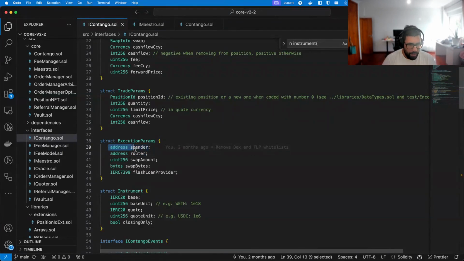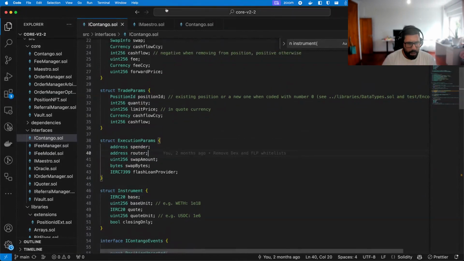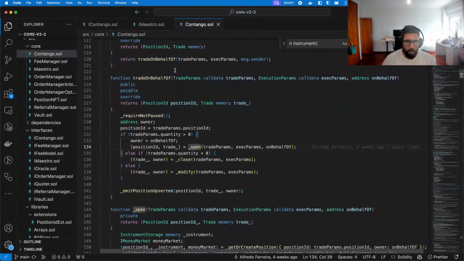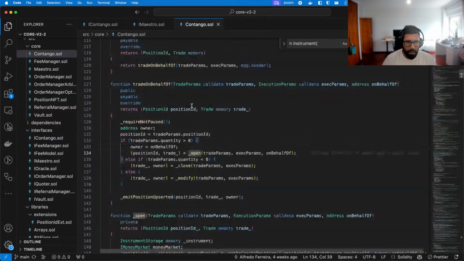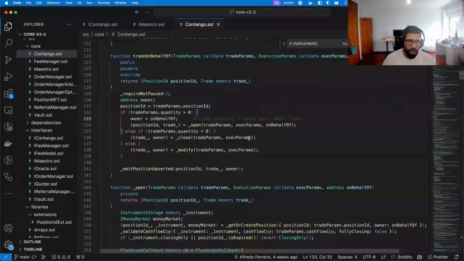So you sadly need two addresses. But yeah, so once we are here in the trade, as you can see, trade and trade on behalf are exactly the same, just that trade defaults to message sender.